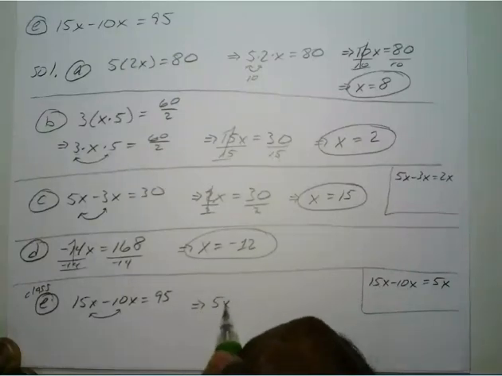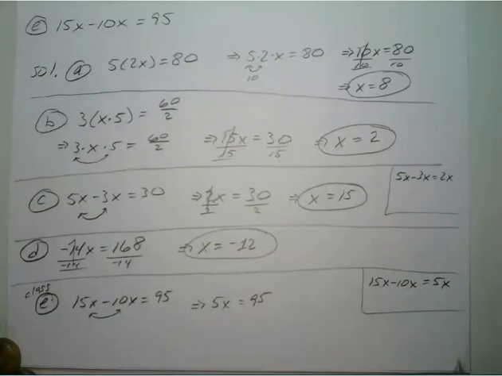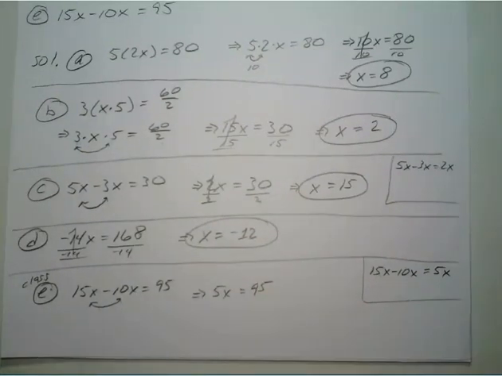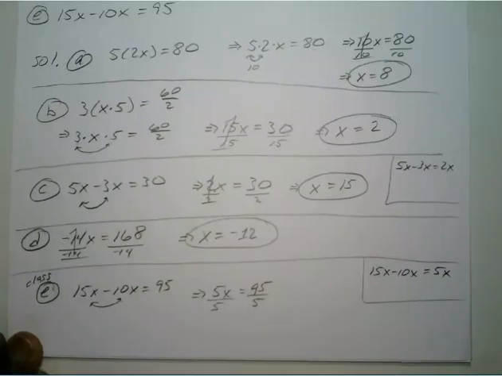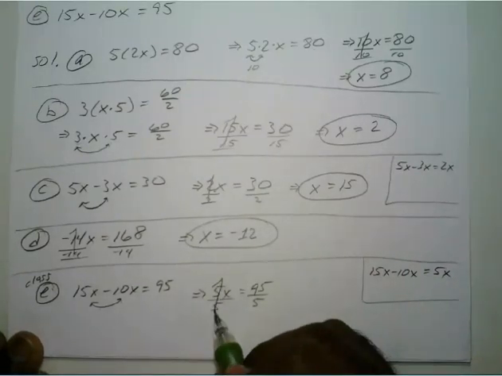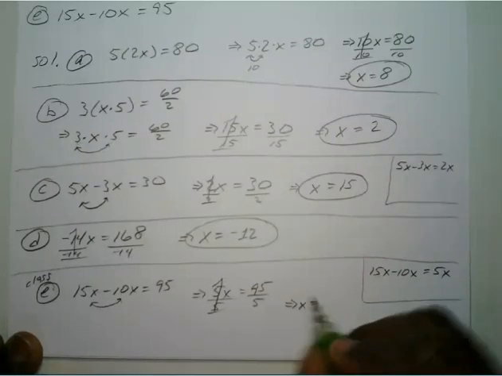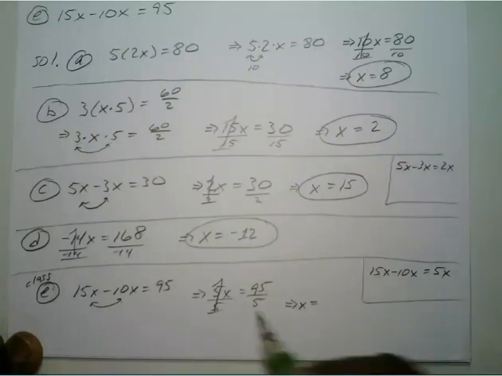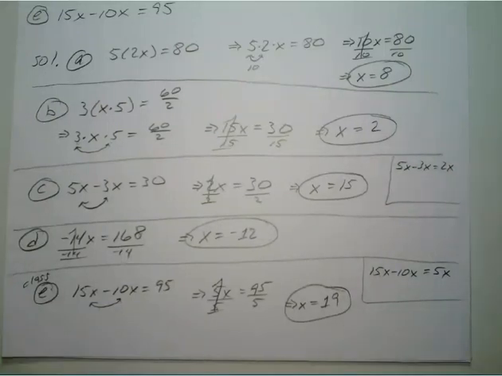So that gives us 5x on the left side is equal to 95. Okay. So again, as soon as we have it combined, we're going to go ahead and divide both sides by 5. 5 divided by 5 is 1. So you have x is equal to 95 divided by 5, which is 19.